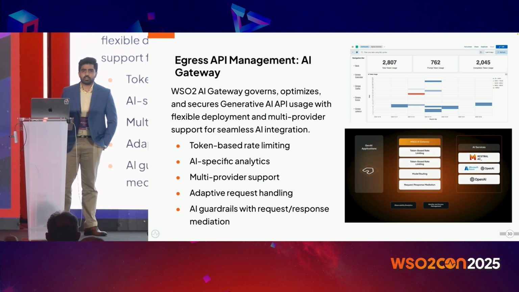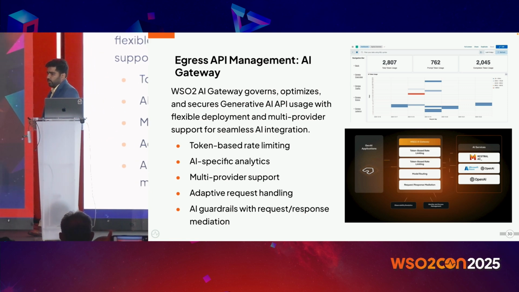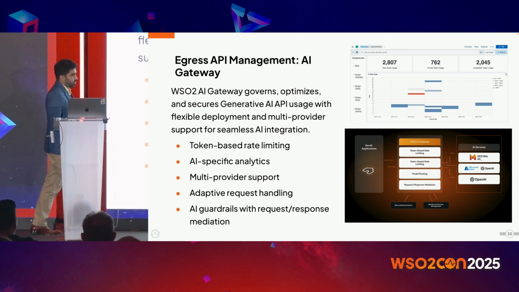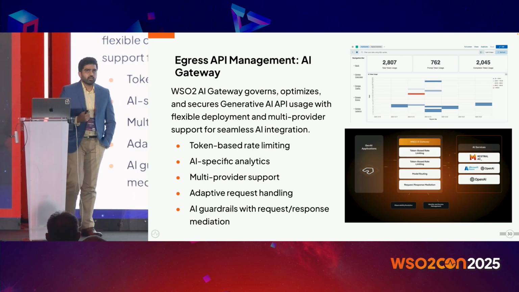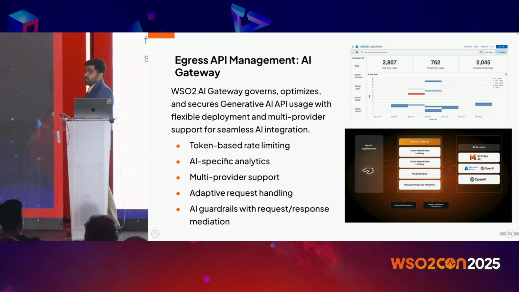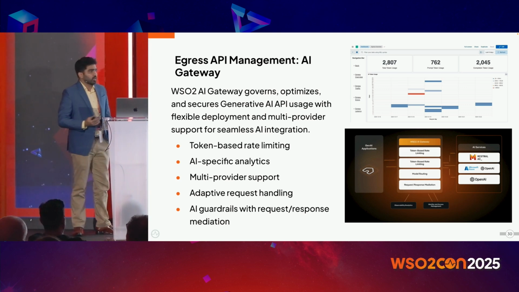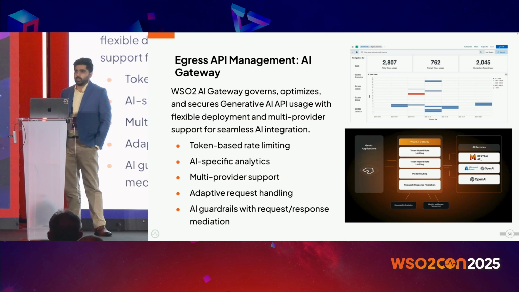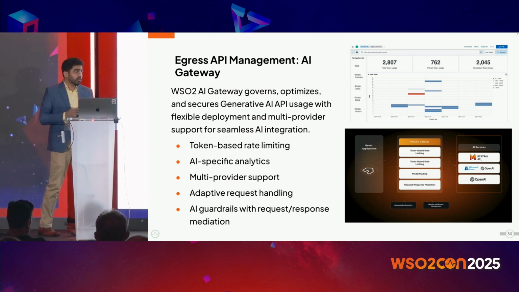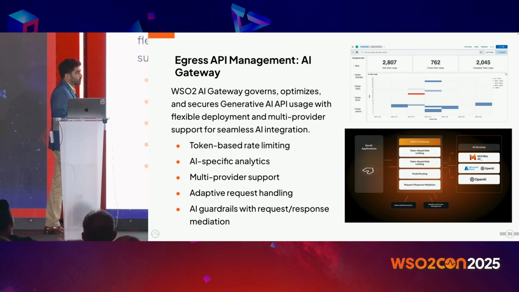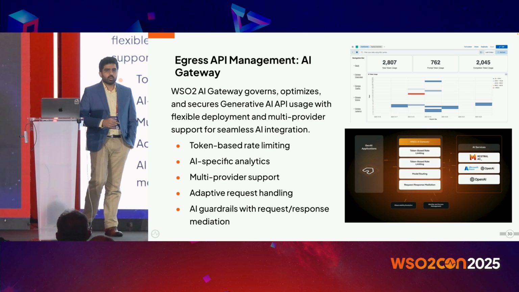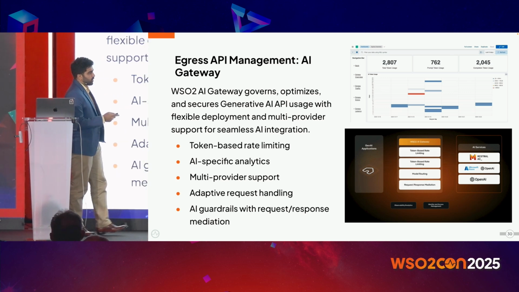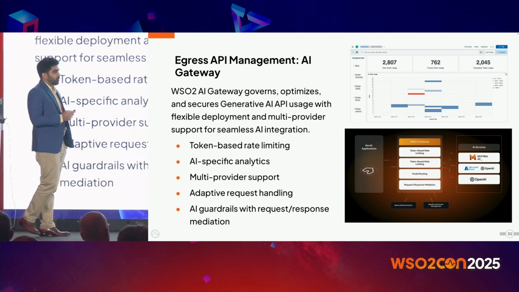Let's say you have had a discussion with OpenAI and provisioned a set of tokens, so that your organization has 30 million tokens to use per month. Now I'm going to distribute them among my internal teams, and with an AI gateway, we give the capability to manage that. So now you can onboard different vendors. By default, we support Mistral and OpenAI.